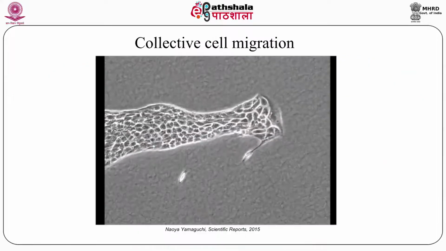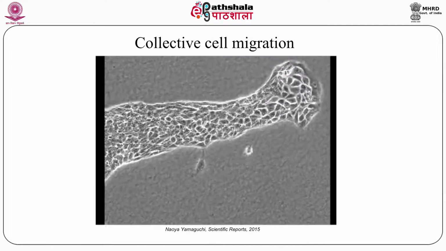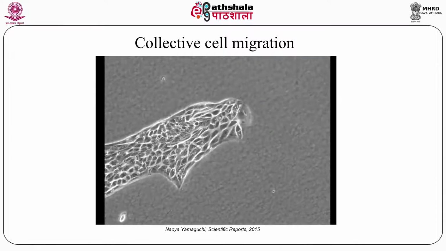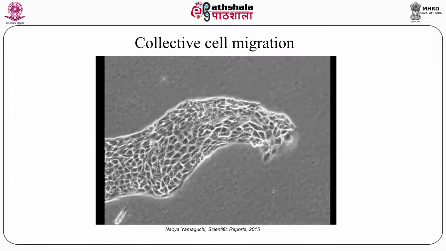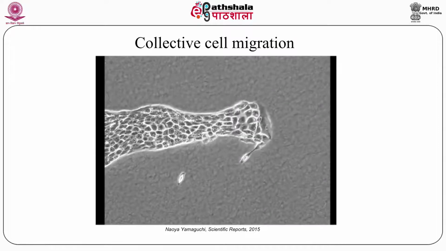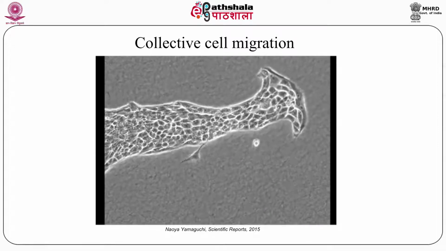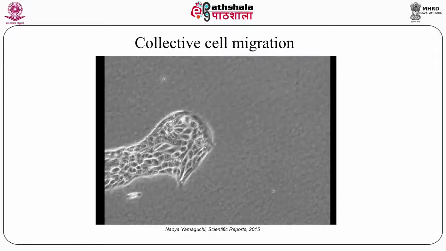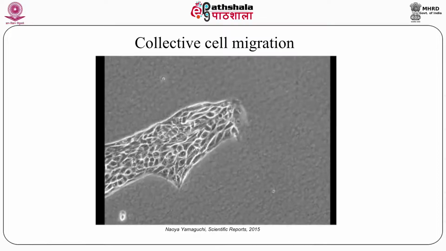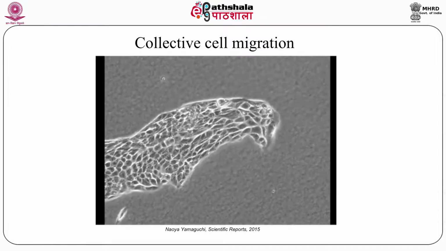In collective cell migration, protrusion and retraction are coordinated in a supracellular manner, in which cytoskeleton protrusion and contractility are mechanically mediated through cell-cell junctions, allowing the cell group to behave as a large mega single cell.